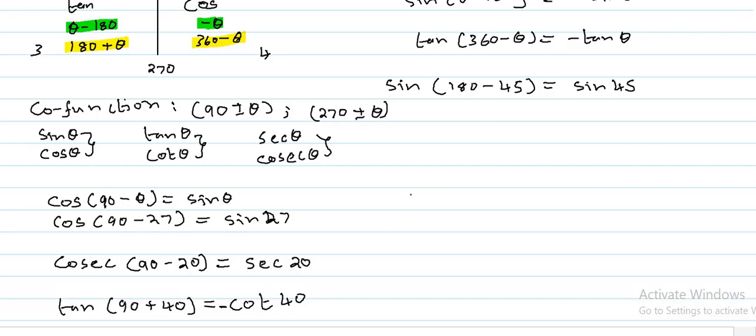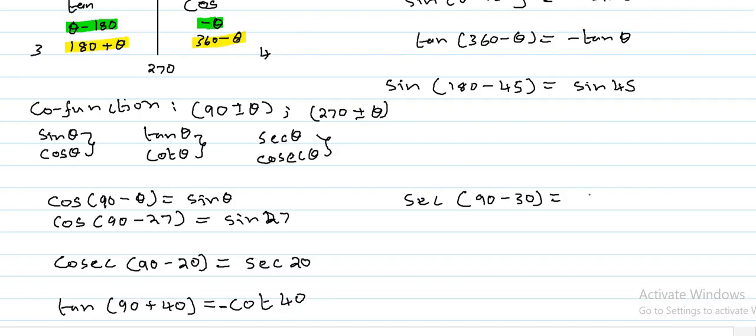So what if now we have sec of 90 minus 30? Sec is the same as 1 over cos. 90 minus 30 is the first quadrant. All trig ratios are positive. So what is the cofunction of sec? It is cosec.